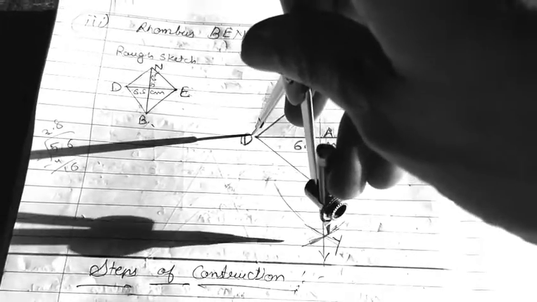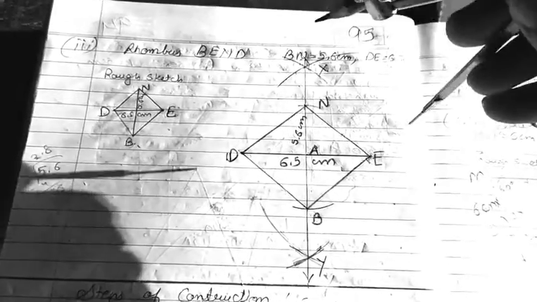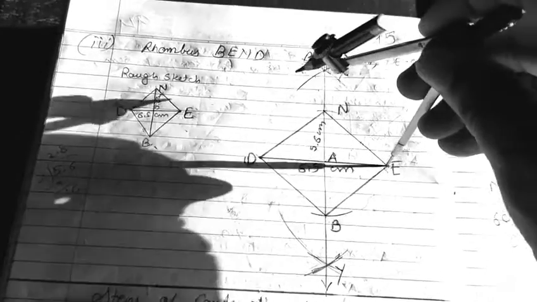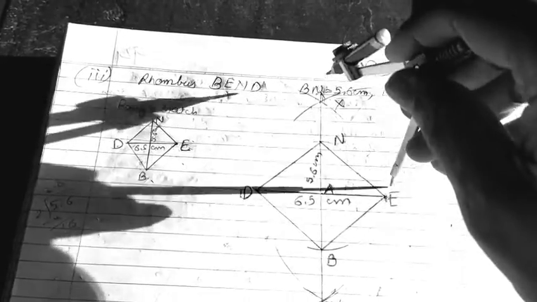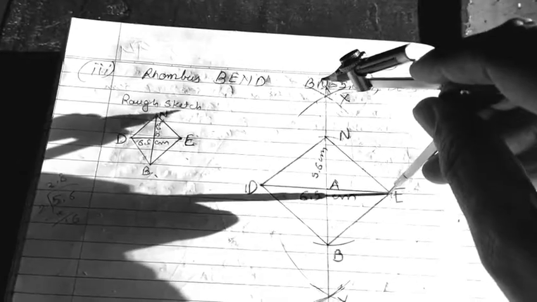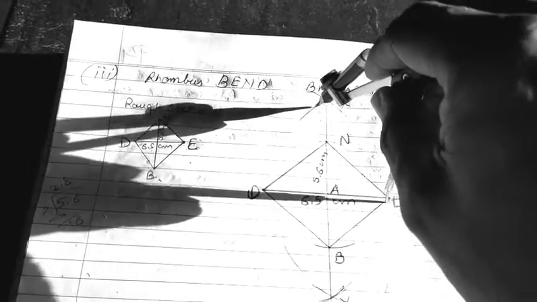Then with the same length place it on E and cut the previous arc. Don't change the length.